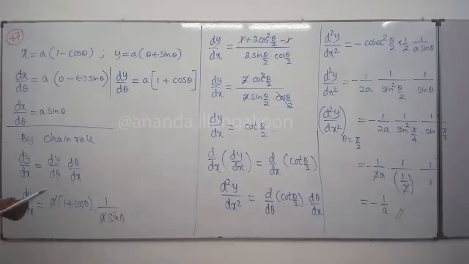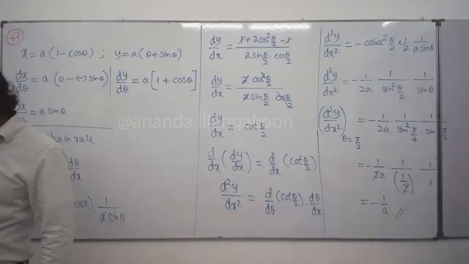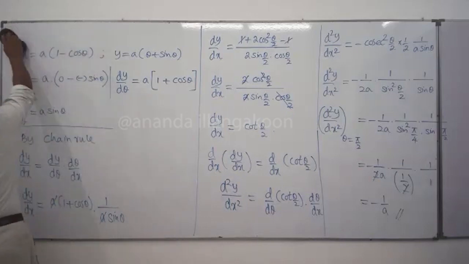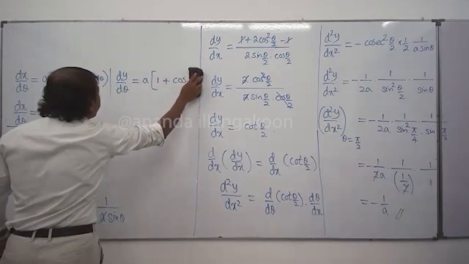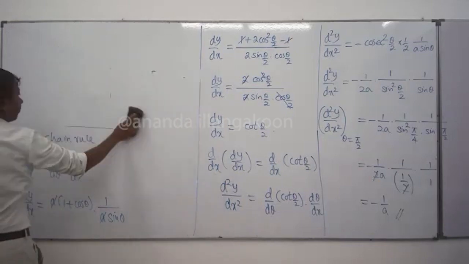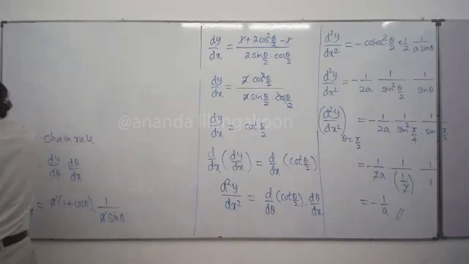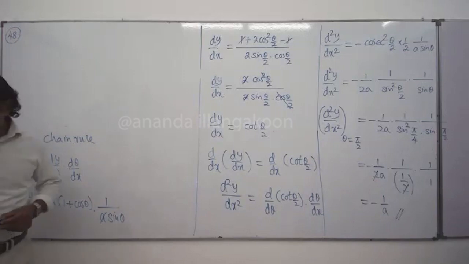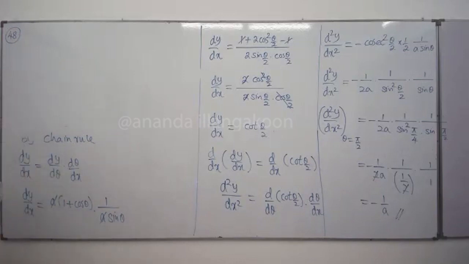Take question number 48, people, as the next question. That also asks us to find the second derivative value at t equals pi by 6.